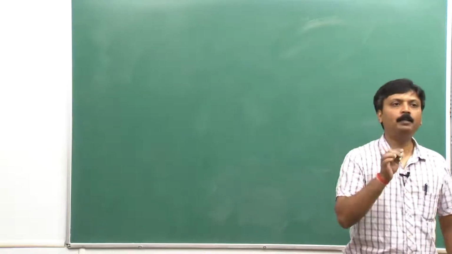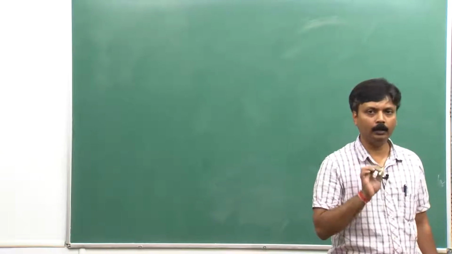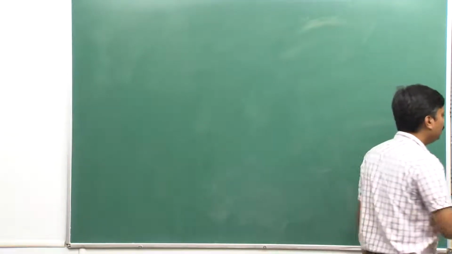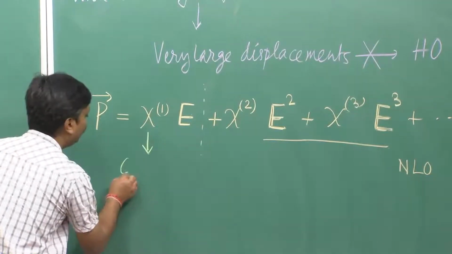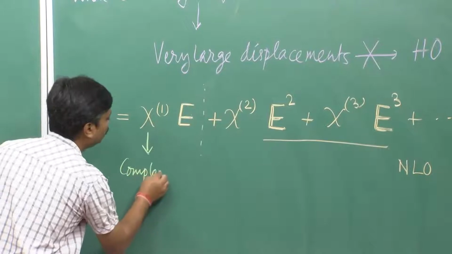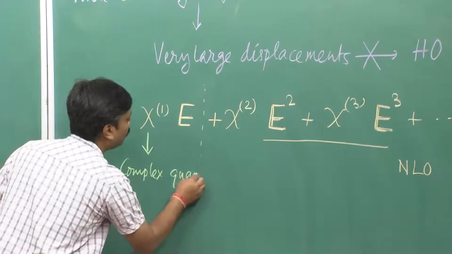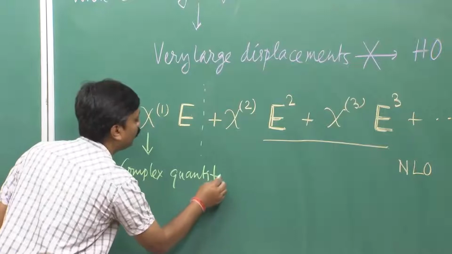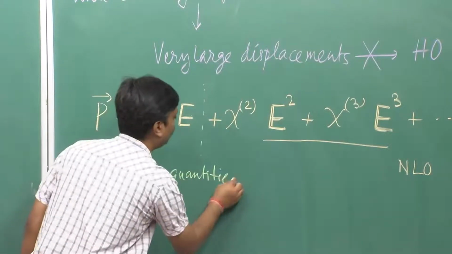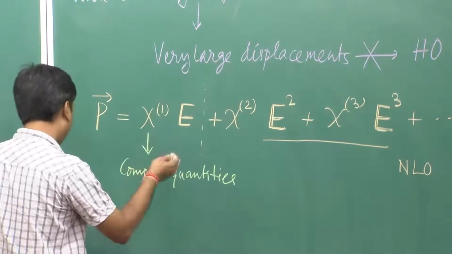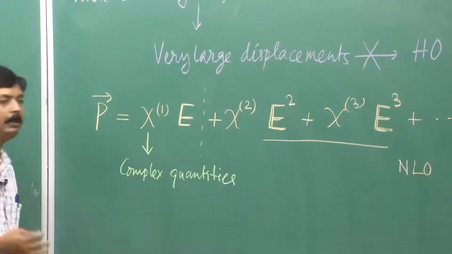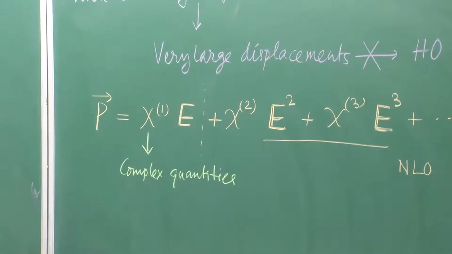These are very, very important quantities in optics, because these chi, which are normally complex quantities, contain several important information, particularly about the optical properties of any material, mostly dealing with dielectric material.